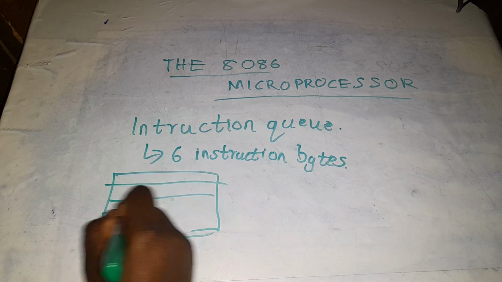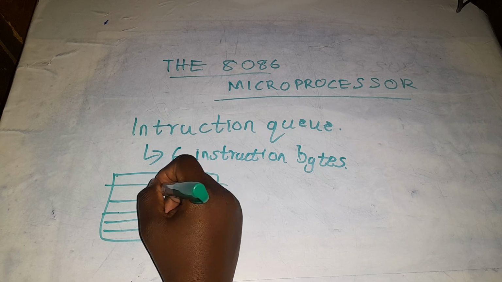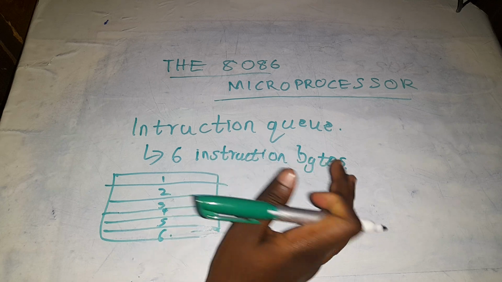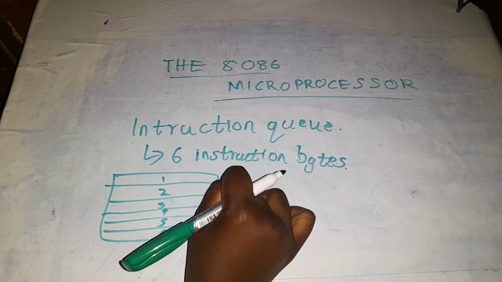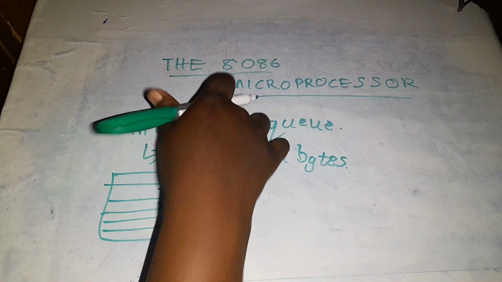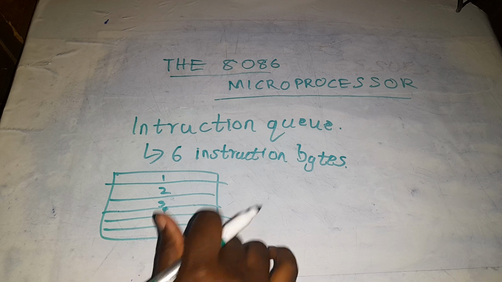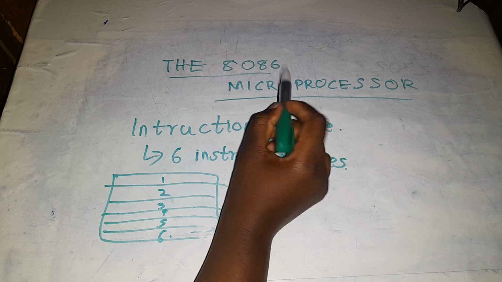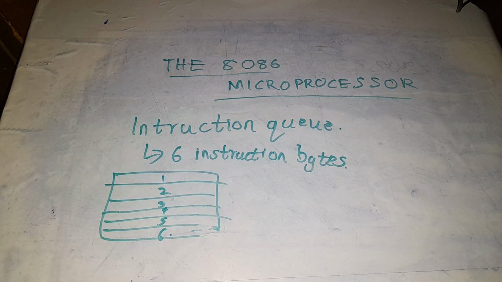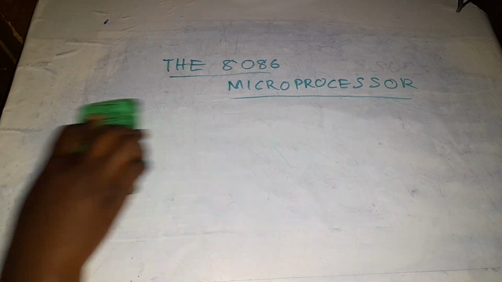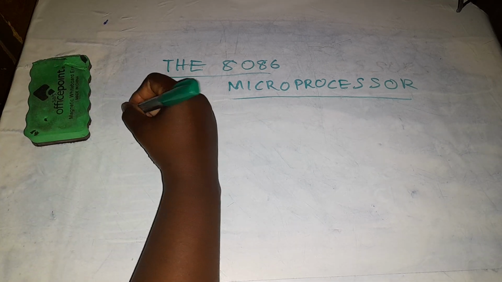It has a queue from 1 2 3 4 5 6, so that the specific instructions can be queued so that the microprocessor is a bit faster. That is a major distinction from its predecessor, the 8085. So it has an instruction queue. That is one of the special things about the 8086 microprocessor.